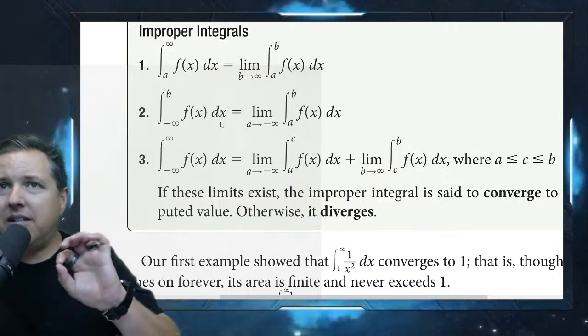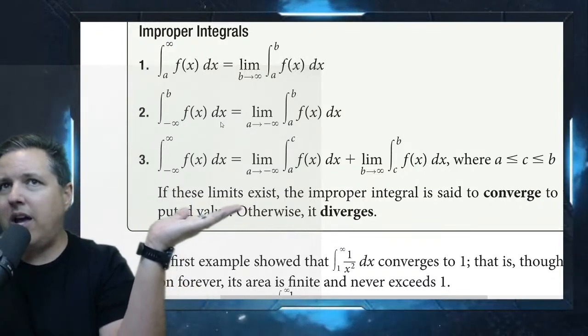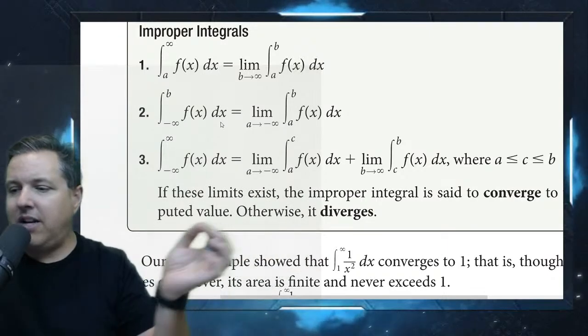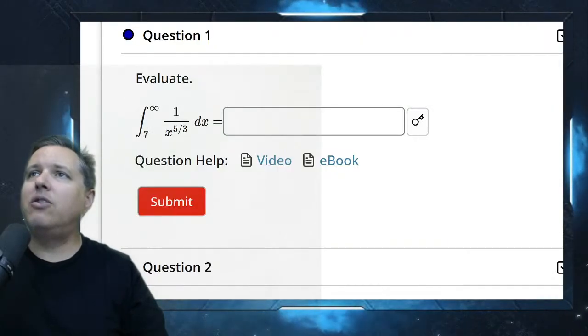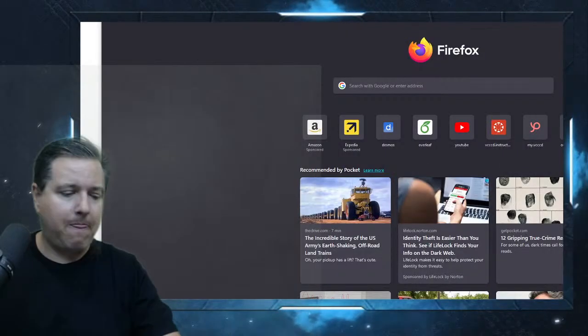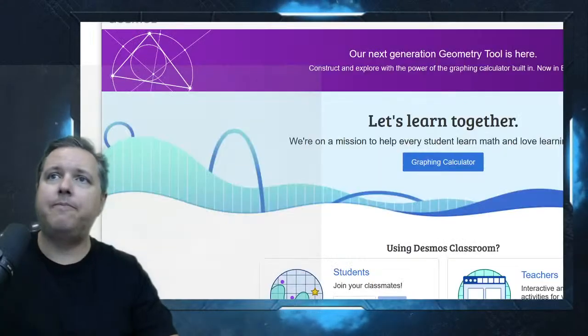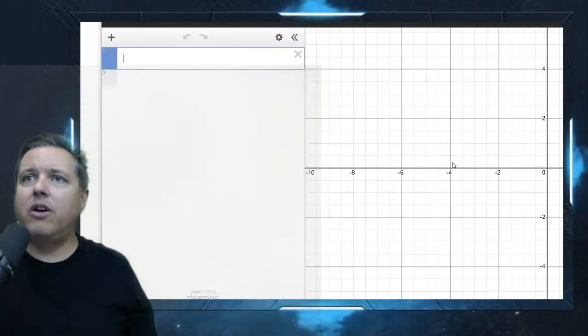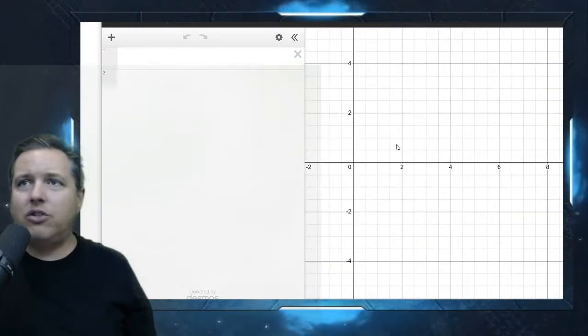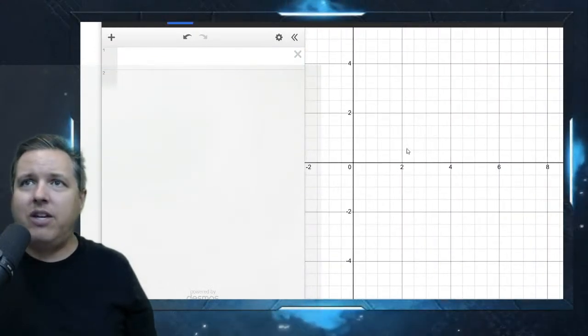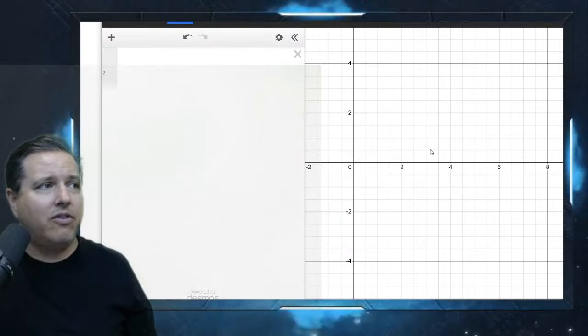Step 2 basically says, what if we flip it over the other way, where we're going from negative infinity up to b? Let me show you on a graph here. We were just looking at, what if we start at some value here and move to the right forever?